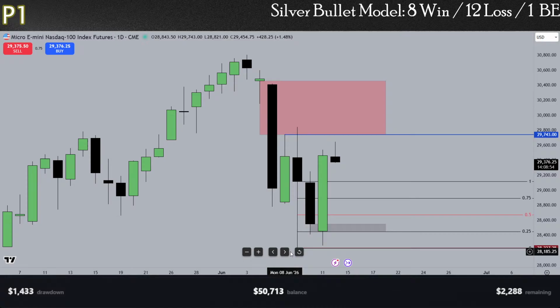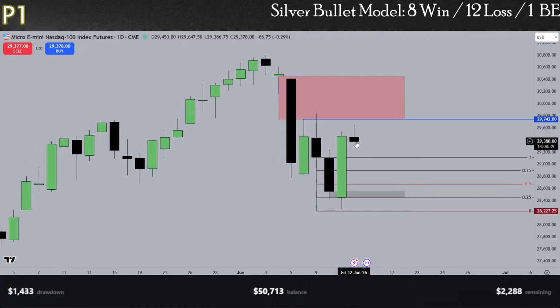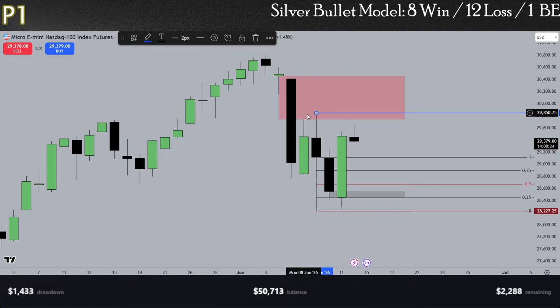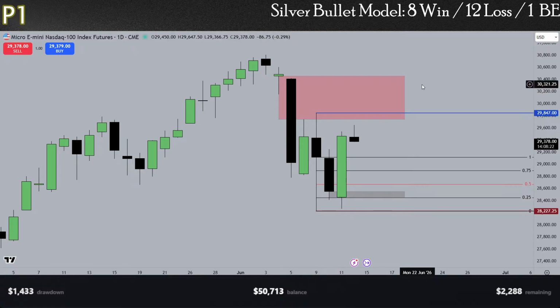All right, Nasdaq daily chart. That was Monday, Tuesday, Wednesday, Thursday, and Friday today. We are in close proximity to this bearish fair value gap on the daily chart. And currently the buy side liquidity resides above this high here on the upside.